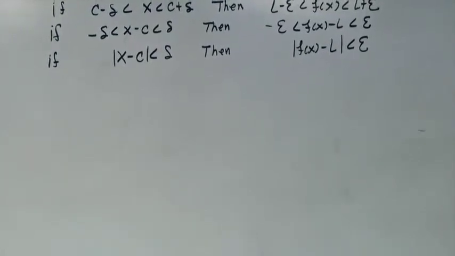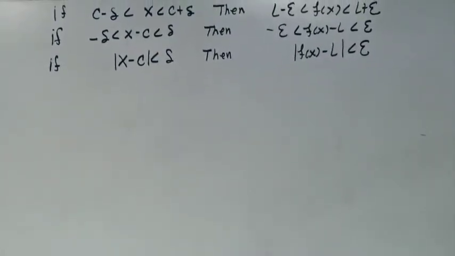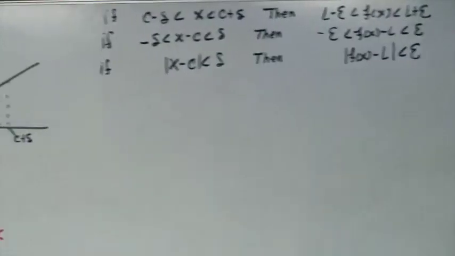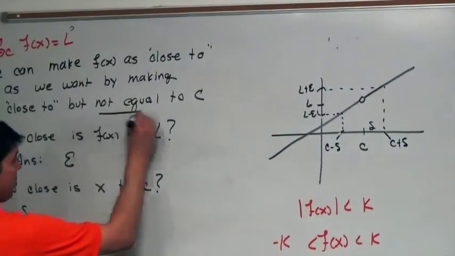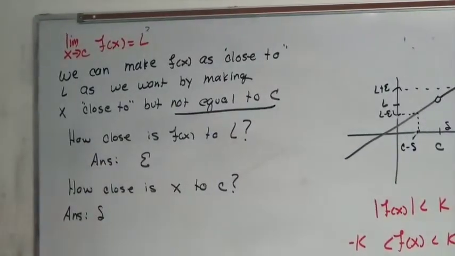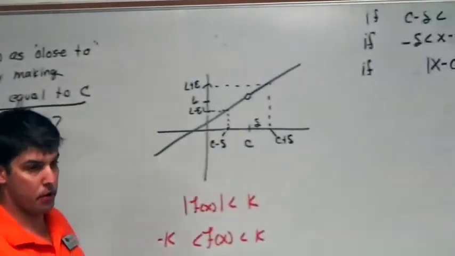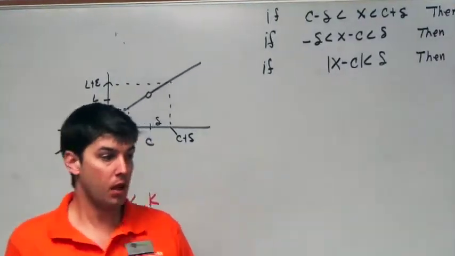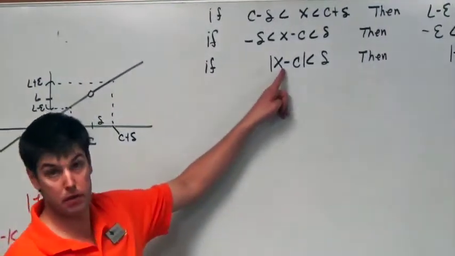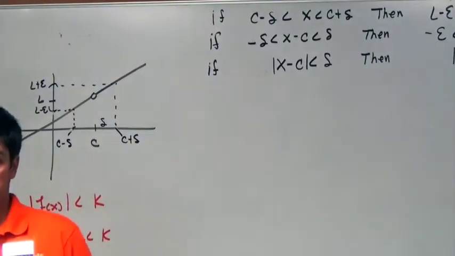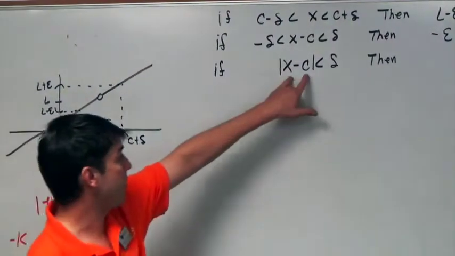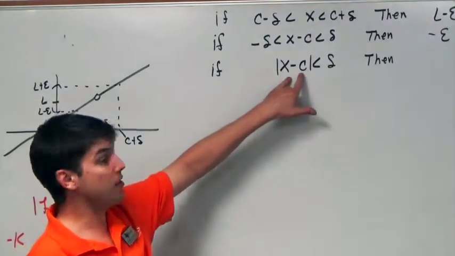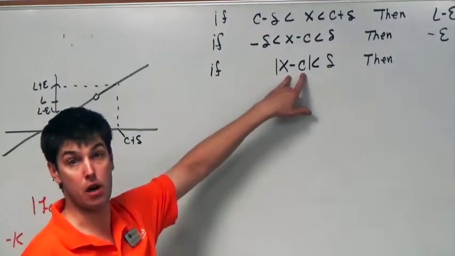The only thing that we really haven't incorporated is this last sentence. We want x to be close to c, but not equal to c. So how do we prevent x from ever equaling c? Well, we know the absolute value of something will never be negative. So the only two options for the absolute value of x minus c are that it is either positive or 0.